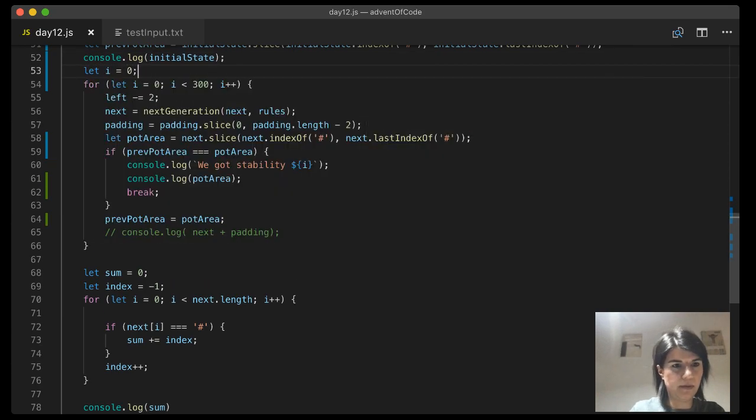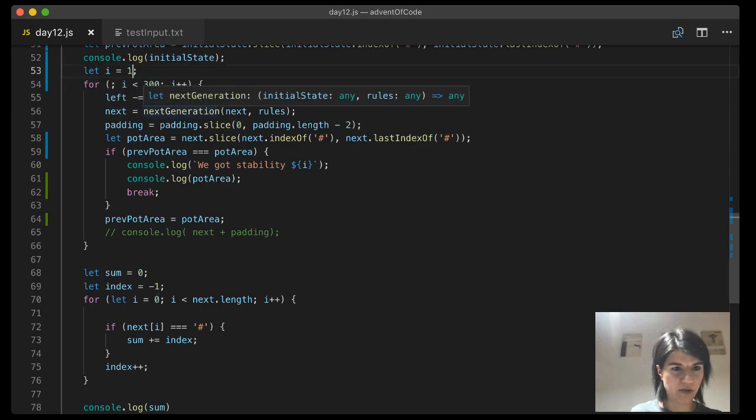So let's move I out of here. So if I is equal to, so we have I is equal to 1. No, we're increasing this afterwards. So we have to start like this.